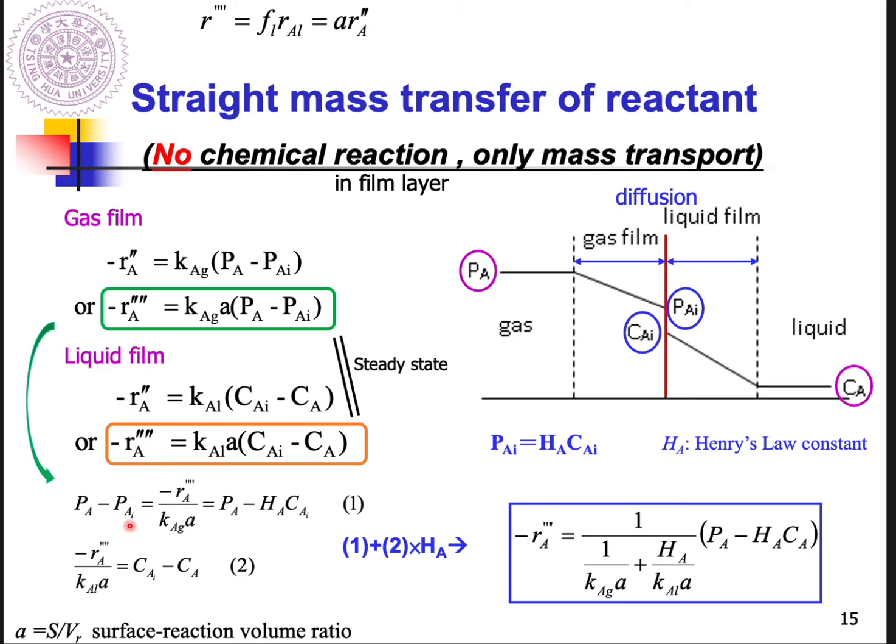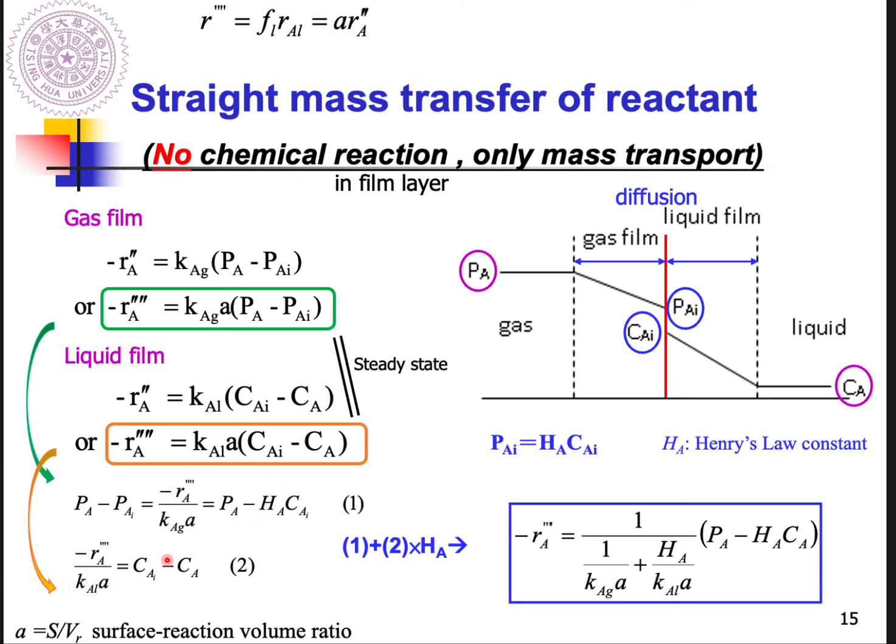And as you know, what is P_AI? It's H_A C_AI, right? And for the second equation, you move this to the left-handed side and you get r_A prime over k_AL a equal to C_AI minus C_A. In order to eliminate this term, we want to use this one plus H_A times this equation.